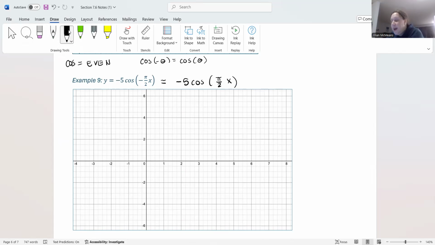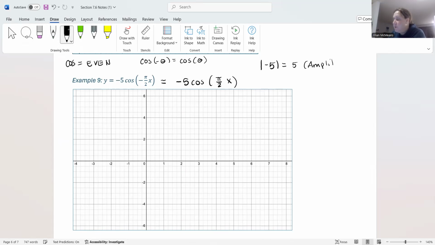So you need to first always make sure omega is positive before you look at the amplitude. In this case, we have a multiplier on the cosine that is negative. So this -5 means a couple of things. One, it means we have a vertical stretch to our graph, so the amplitude of our graph is 5. That tells me that the max and mins are no longer going to be 1 and -1. They're going to be 5 and -5.